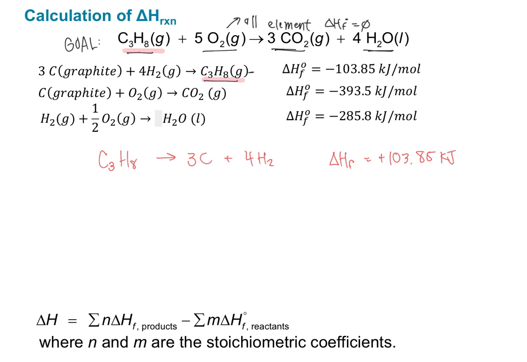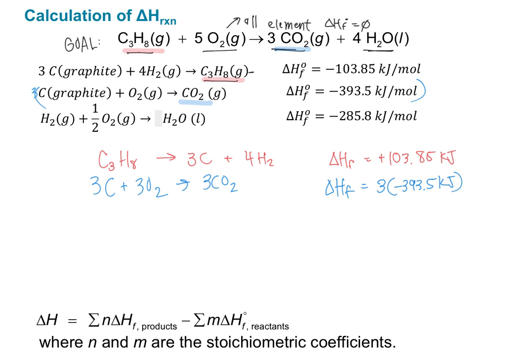We're now going to do carbon dioxide. We want 3 carbon dioxides as a product. Here we have 1 as a product, so we're going to multiply this whole thing by 3. So I'm going to have 3 carbons plus 3 oxygens goes to 3 carbon dioxides, and that delta HF value is going to be equal to 3 times negative 393.5 kilojoules per mole.